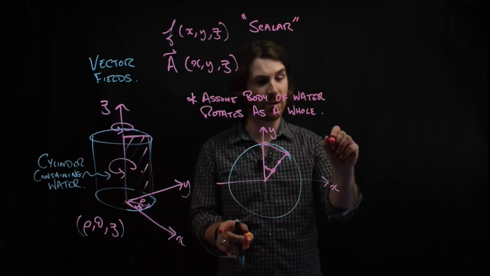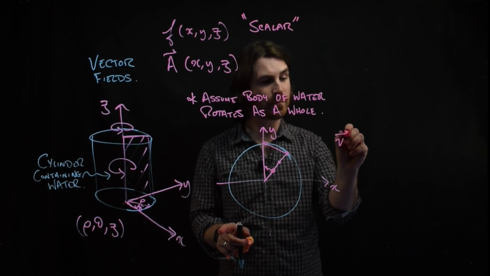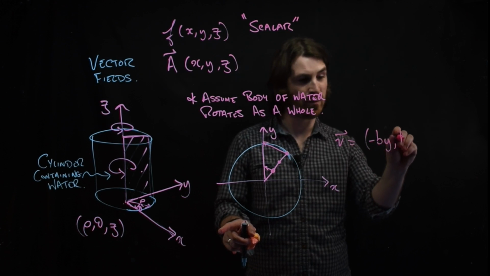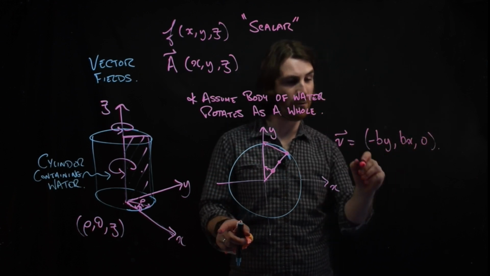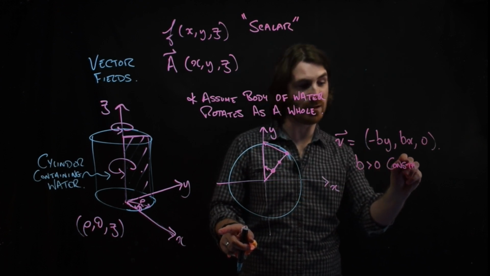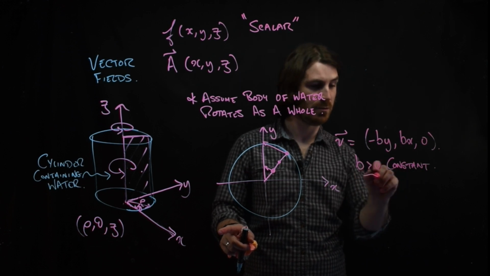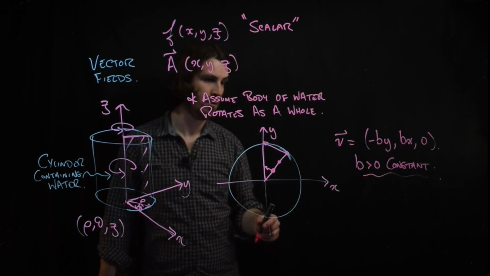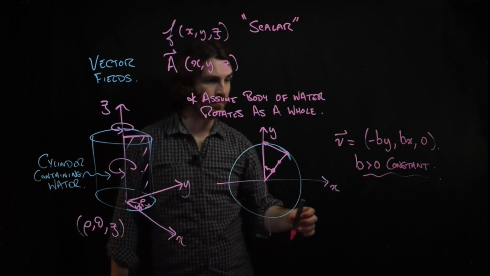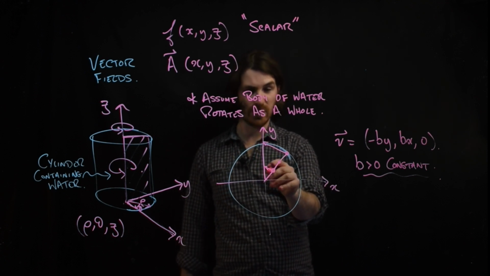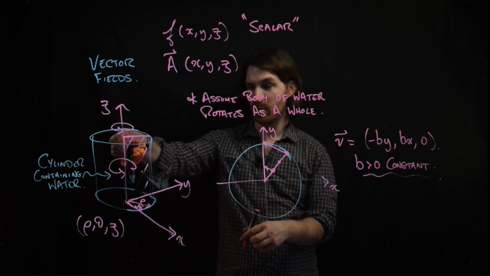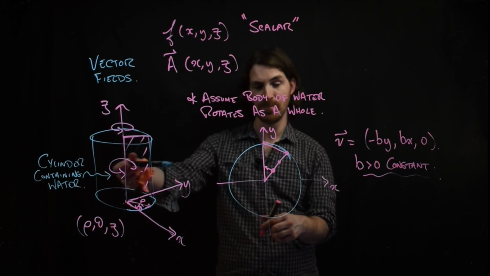It turns out that the velocity of any point is equal to (minus b y, b x, 0), where b is a constant greater than 0, and it describes the speed of rotation. It governs the speed of rotation, so faster rotation corresponds to larger b. We can see that this velocity depends on the distance from the z-axis along a plane parallel to x and y.